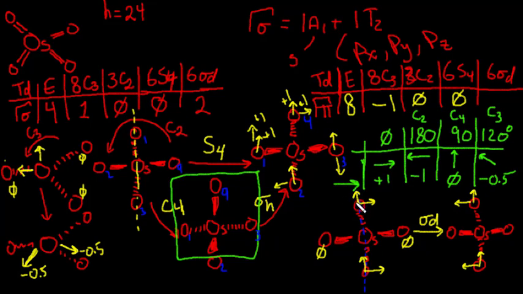Whatever is within the plane will remain within the plane. So in this case we have a +1 and a -1. We have a +1 and a -1. Overall it comes up to be 0.